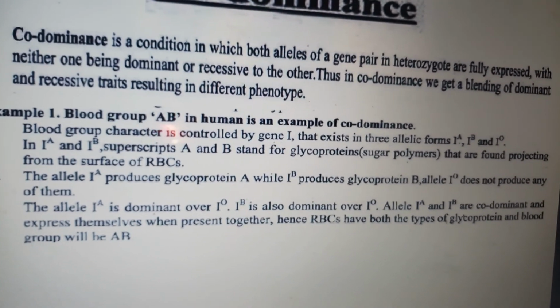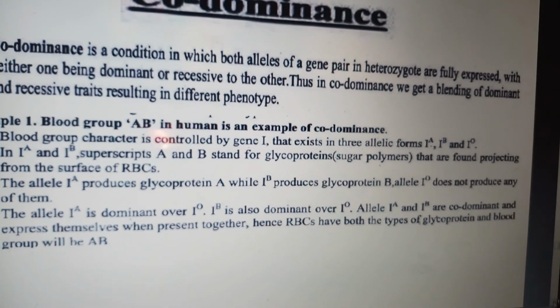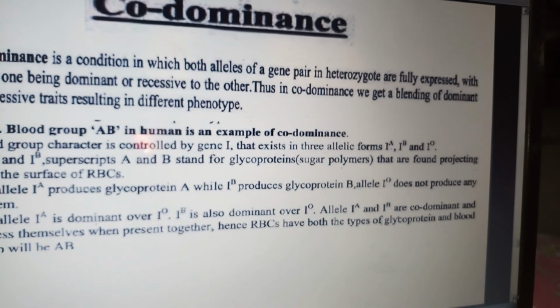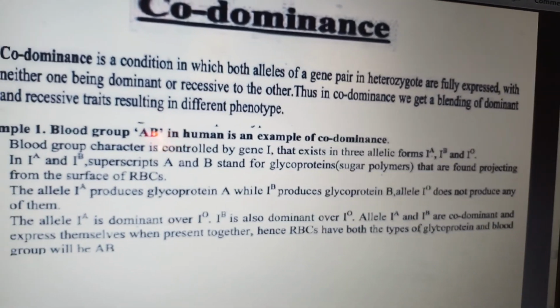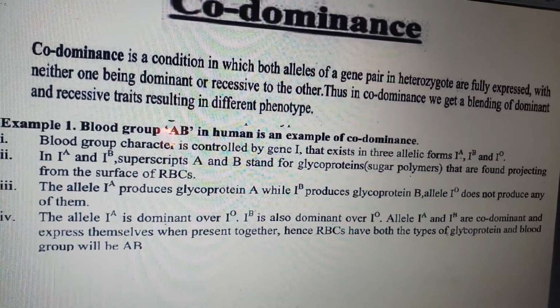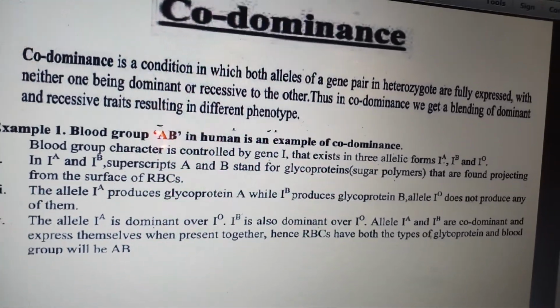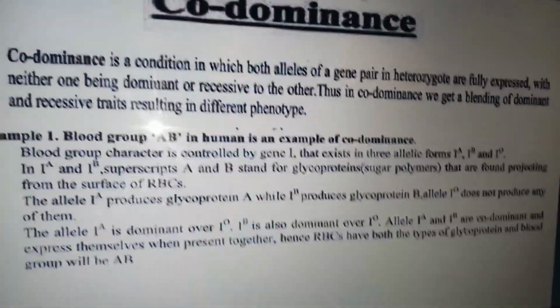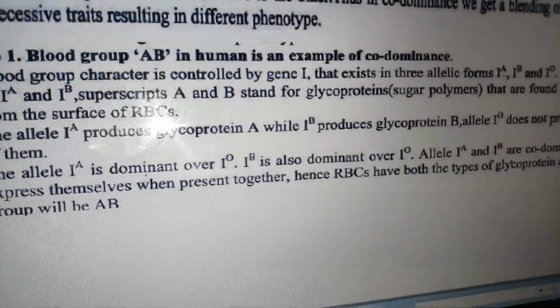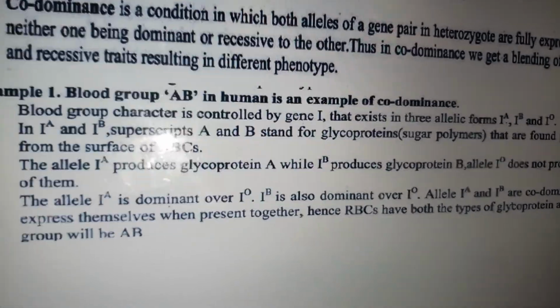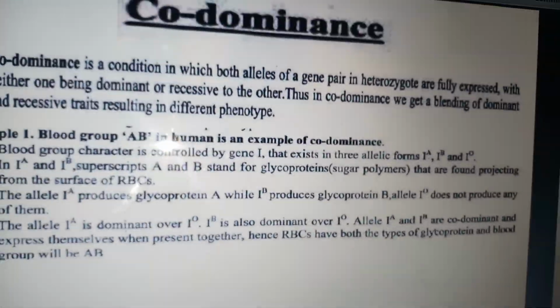Blood group character is controlled by gene I that exists in three alleles, IA, IB, and IO. In IA and IB, the subscripts A and B stand for glycoproteins, that is sugar polymers, found projecting from the surface of RBCs.